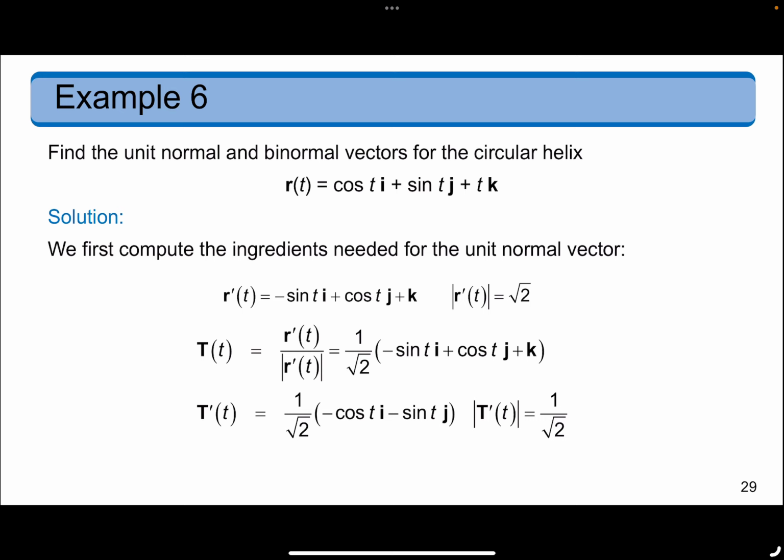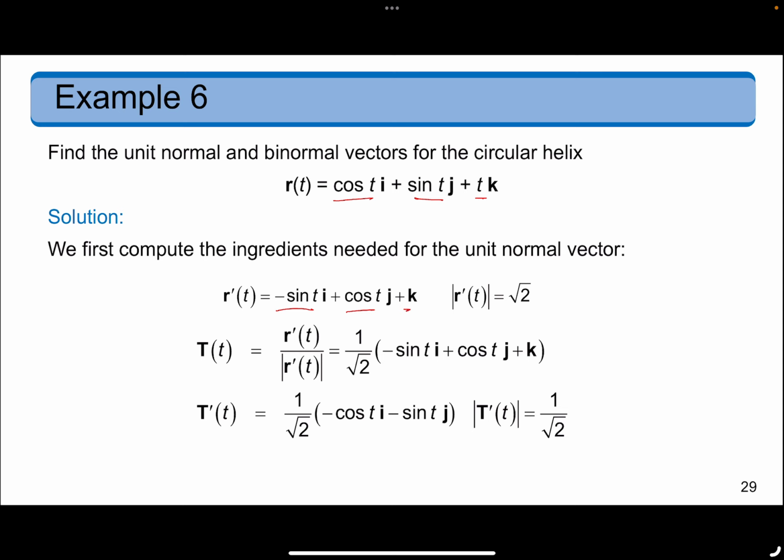Find the unit normal and the binormal vectors for the circular helix r of t equal to cosine t i plus sine t j plus t k. The derivative of cosine t is negative sine t, the derivative of sine t is cosine t, and the derivative of t is 1.